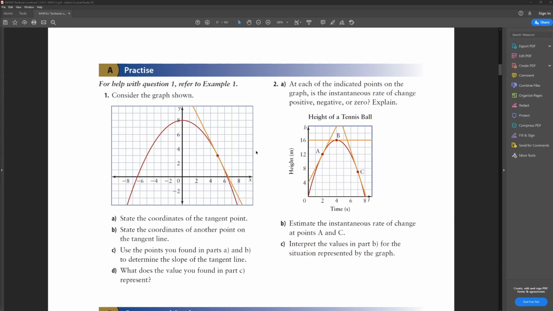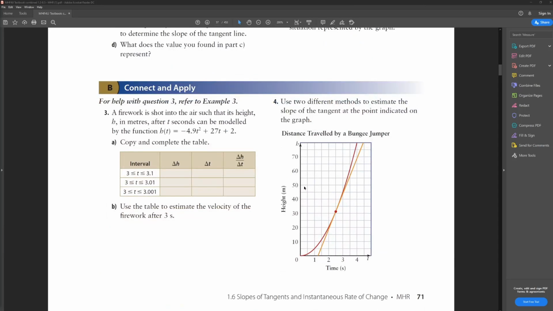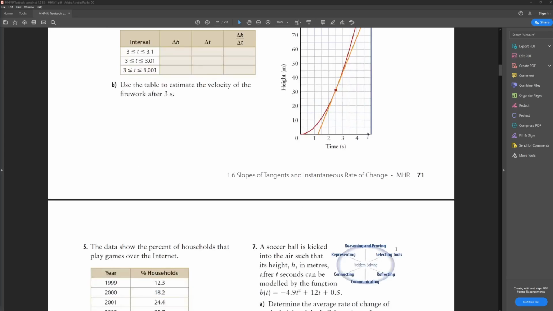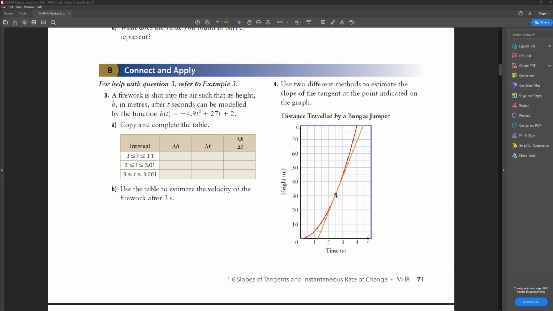Now for question 4. Use 2 different methods to estimate the slope of the tangent at the point indicated on the graph. Well, we have the point 2.5 and approximately, I would say, 31. What we could do is, of course, use that point itself, which would be point 1.